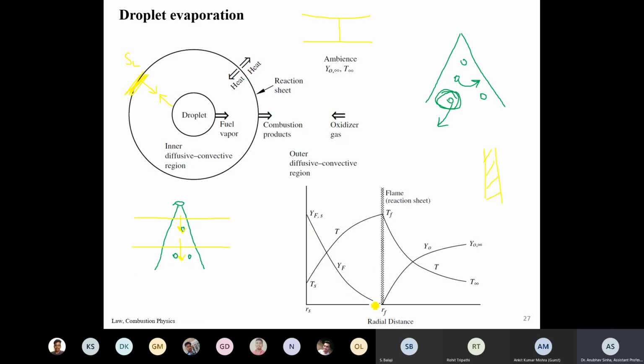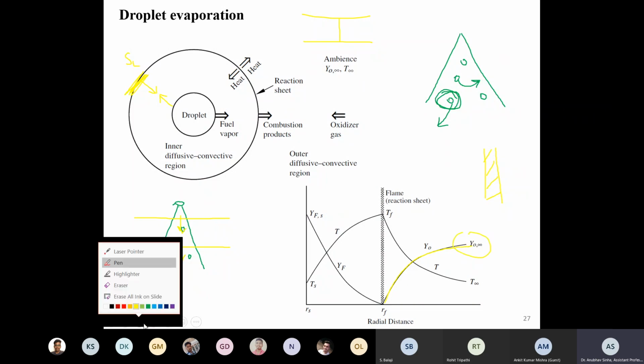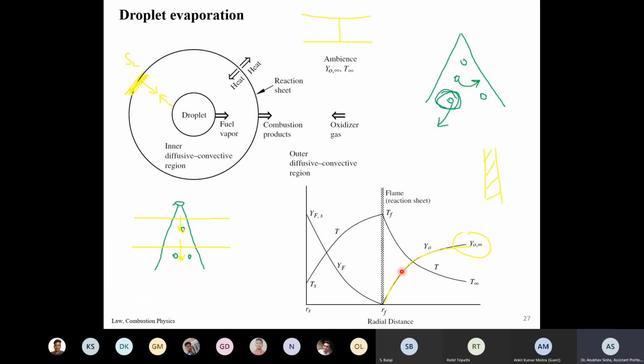This black curve is for fuel, and this yellow is for oxygen. Oxidizer is high in the region outside the flame, and then it decreases till the flame front, where it goes to 0. Similarly, fuel is 0 at the flame front, and then it goes to maximum near the droplet.